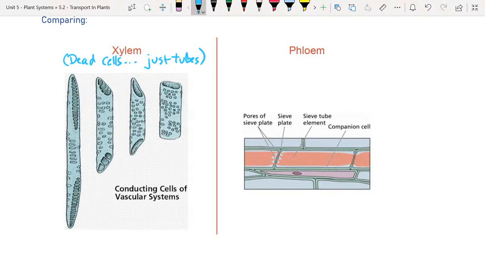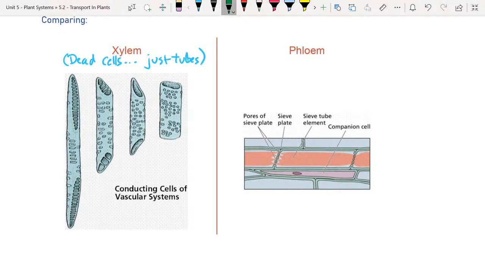You don't want your pipes to be living, breathing things. You just want them to be pipes, right? If you think about a tree, the woody material, that's your xylem. It's just there to hold water. So once it's grown, it can just sit there and be solid and do its thing.